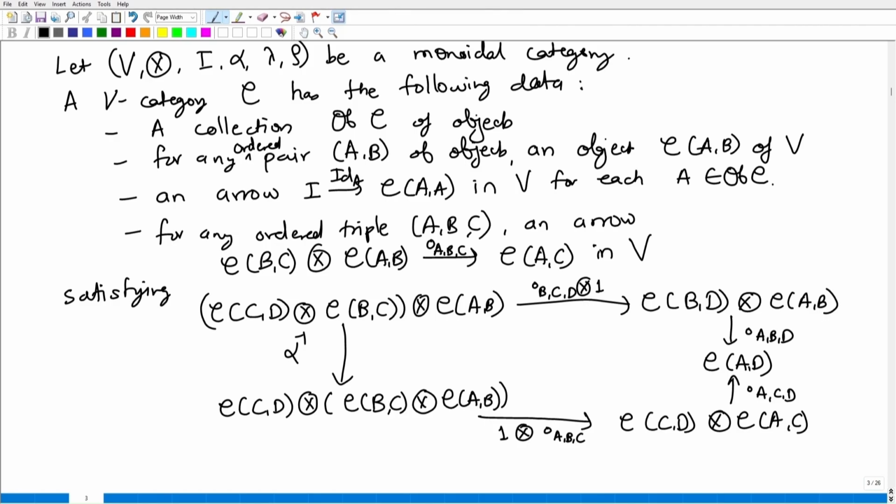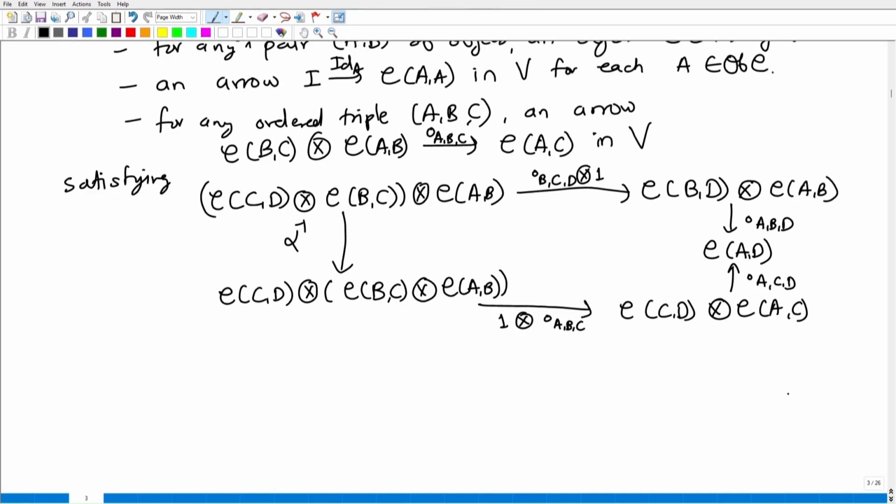So this is again a pentagonal diagram. This represents associativity: no matter in what order you compose, you should get the same result. Okay, this is the first diagram. Then there are two more diagrams, but they are sort of symmetric. So C_BA tensor I to C_BA tensor C_AA.